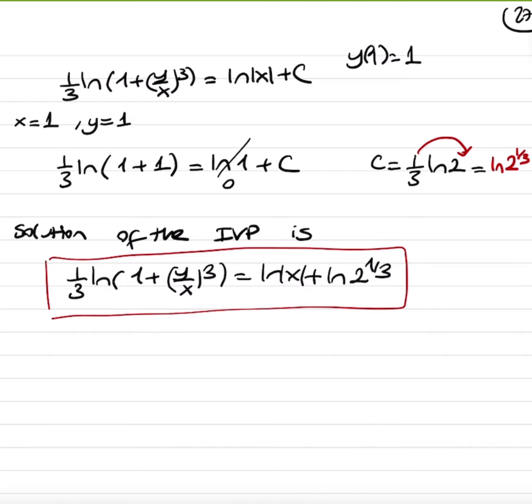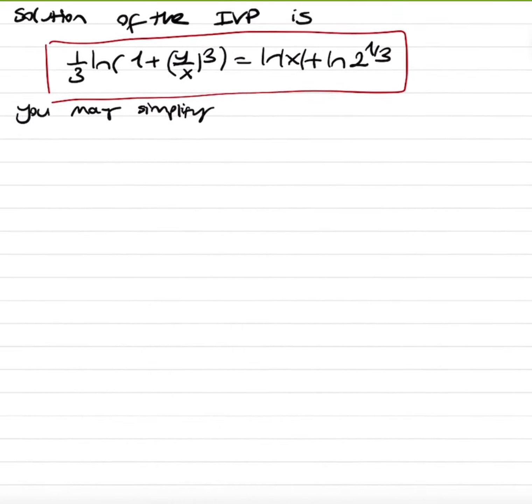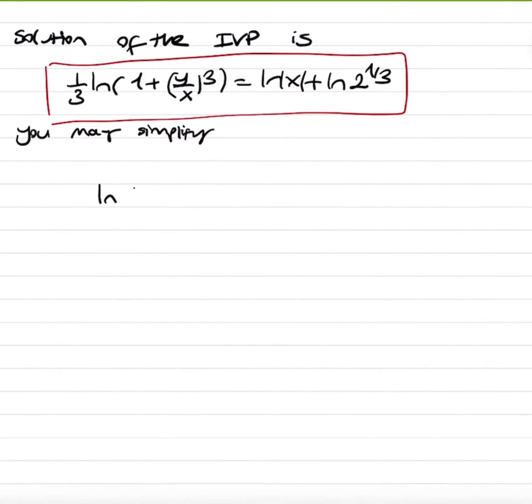If you want, you can write it in a nicer form, but this is okay for me, but you may write it like this, so you may simplify. Is it okay to leave it like this also? 1 plus y over x to the power 3, to the power 1 over 3.